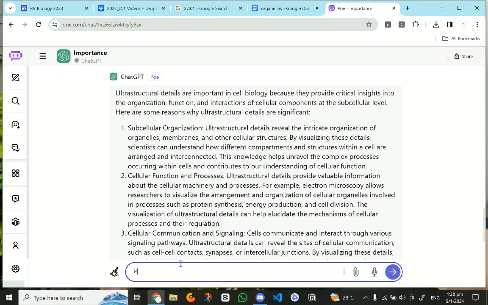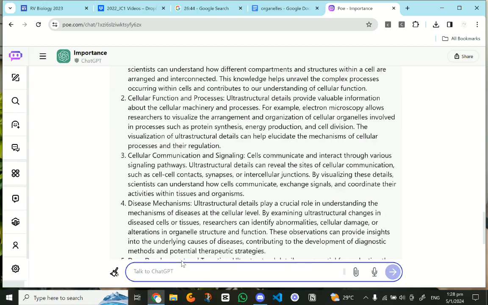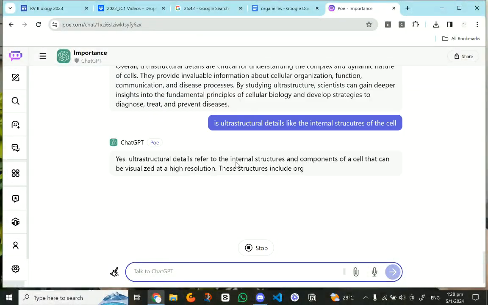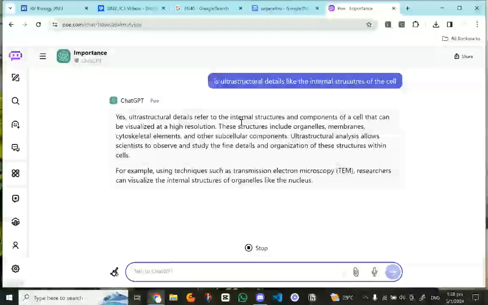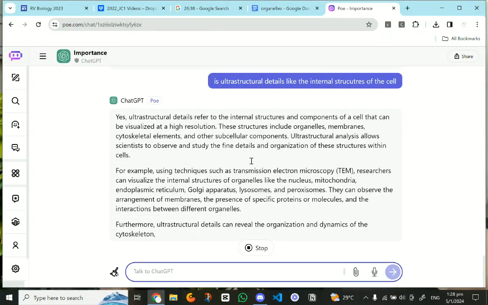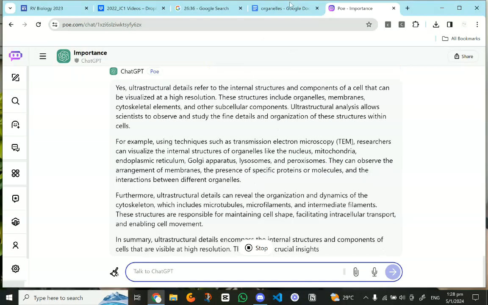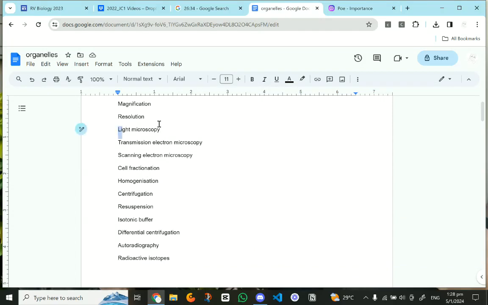But I'll ask, just in case I mess up. Okay. Then I'm curious, what does light microscopy see? Is it the internal structures or both?